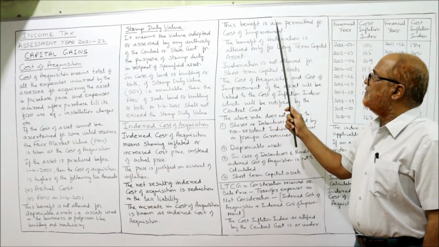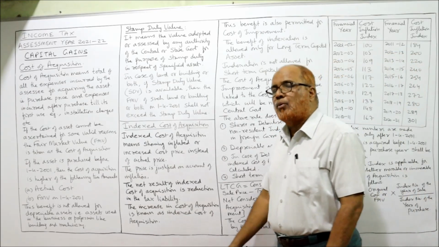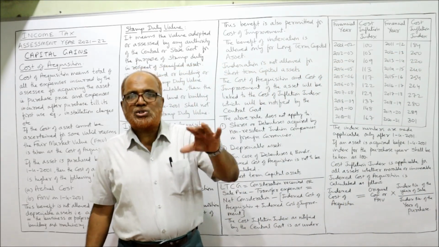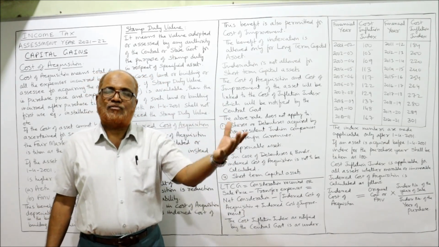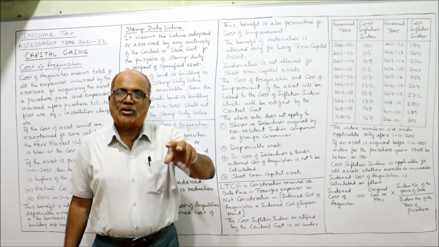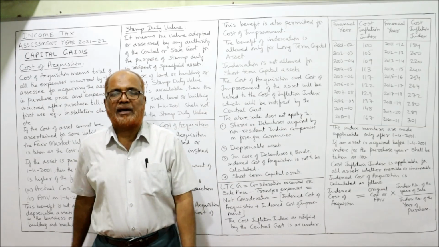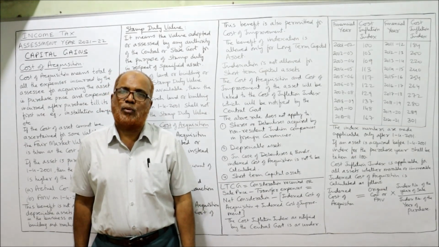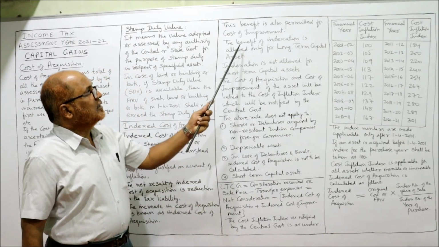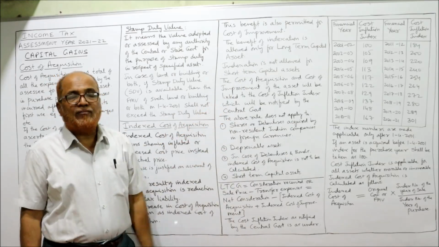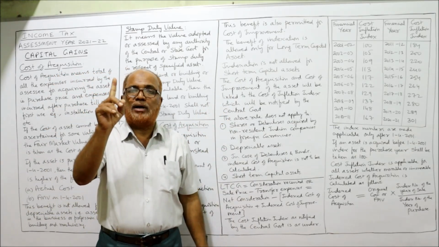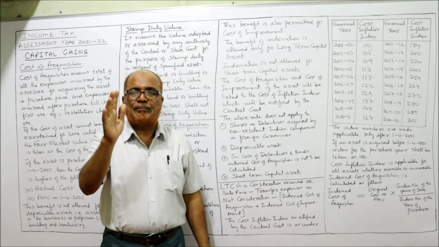Now, this benefit is also permitted for cost of improvement. See here, cost of acquisition and cost of improvement. On both, indexed cost of acquisition and indexed cost of improvement will apply. Now, the benefit of indexation is allowed only for long-term capital assets. One point you have to remember very carefully.